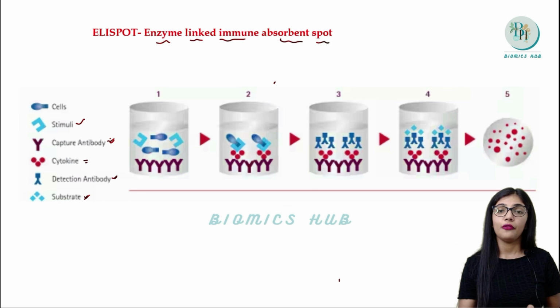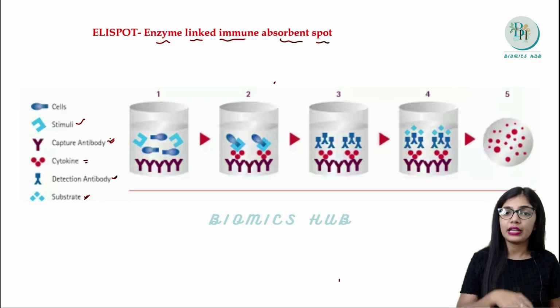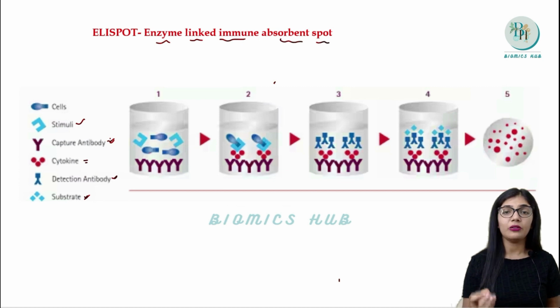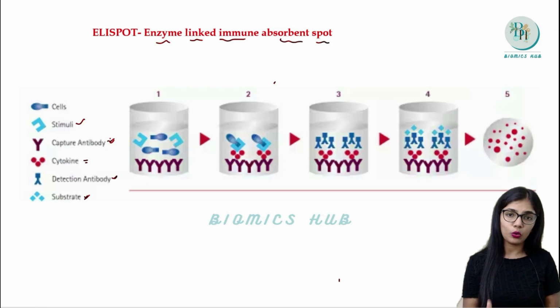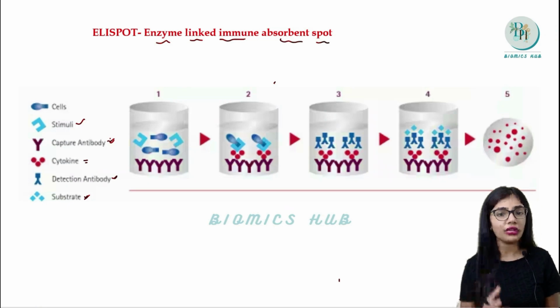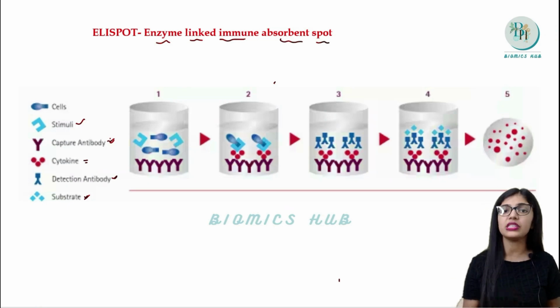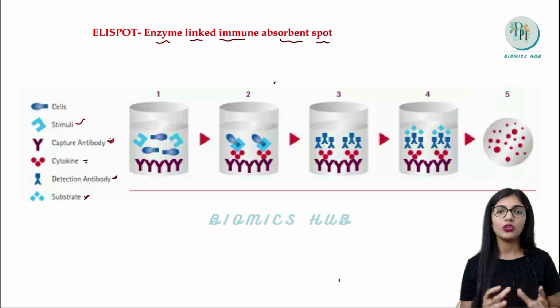Next is a substrate. Whenever we are using the detection antibody, the antibody is enzyme linked. But when the enzyme is present, how can we know that there are some changes? For that reason, we use a substrate which is specific to the enzyme. So one by one, we will discuss how it is performed.